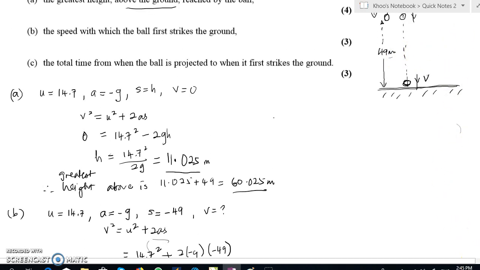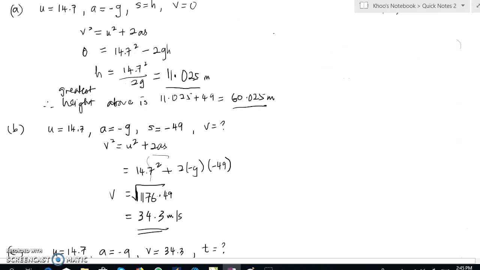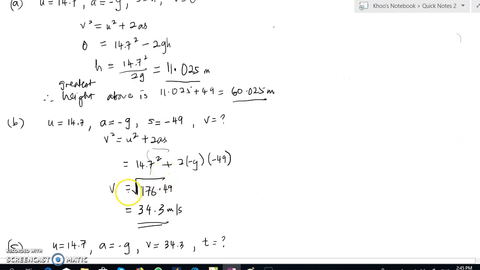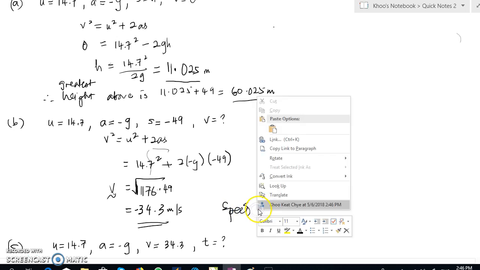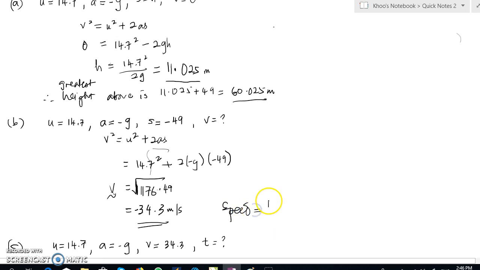So in actual case, the answer for the part that we did just now should be plus or minus, but since it's coming down, it's negative. So the correct answer is negative 34.3 for the velocity. But the question wants speed. So the speed is actually the magnitude of the velocity, which is this. So we take the positive value.